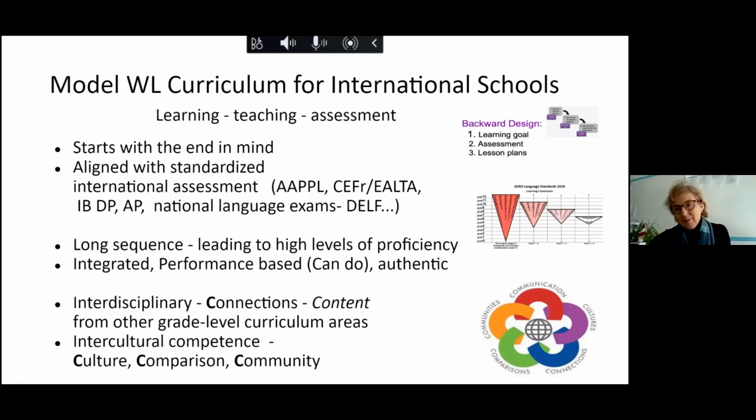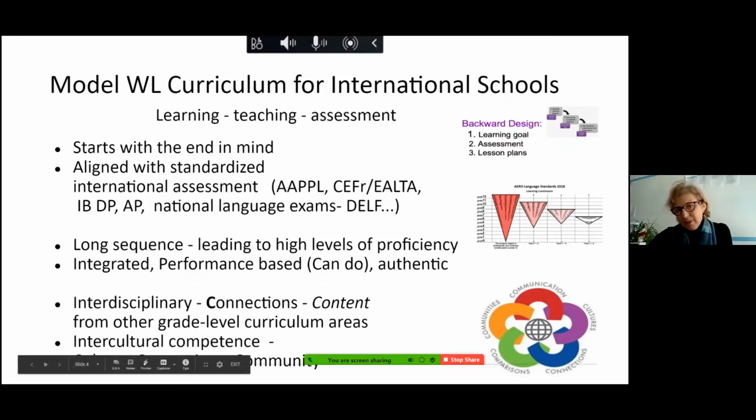Some of these images you have seen throughout other presentations, but if we're looking at the long sequence of learning, from kindergarten to grade 12, we're looking to achieve a very high level of proficiency. And we're looking at some of those exit level exams.